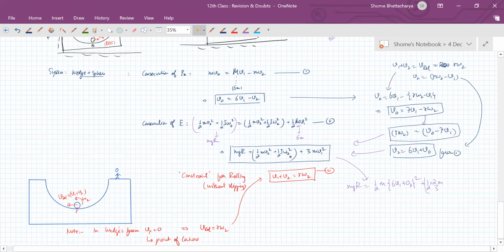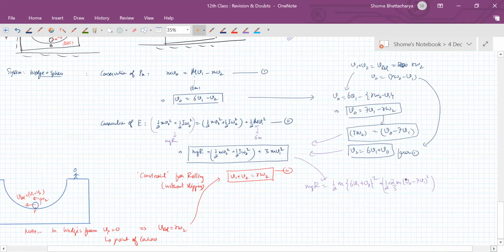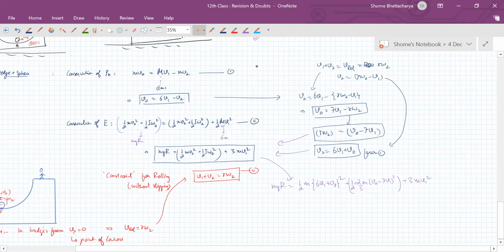Now r omega we will substitute as this thing, (v0 minus 7v1) whole square, plus 3mv1 square. So we now have an equation like this, so we can cancel m also on both sides.